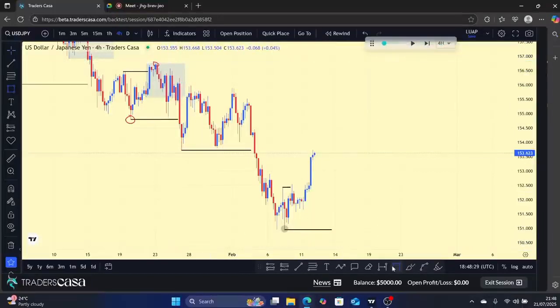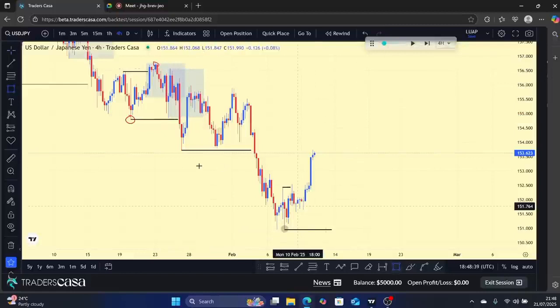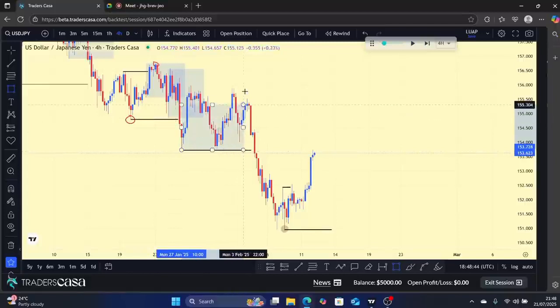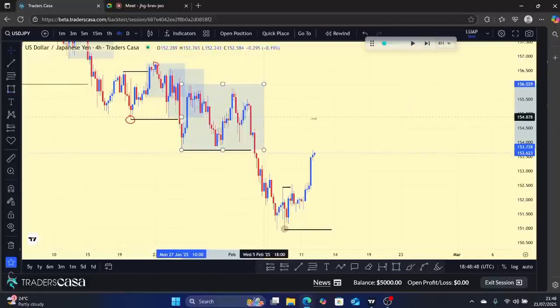The next order flow will start from this, and we can clearly see it's also mitigated. The next order flow will start from here all the way to this high. Is this order flow mitigated?